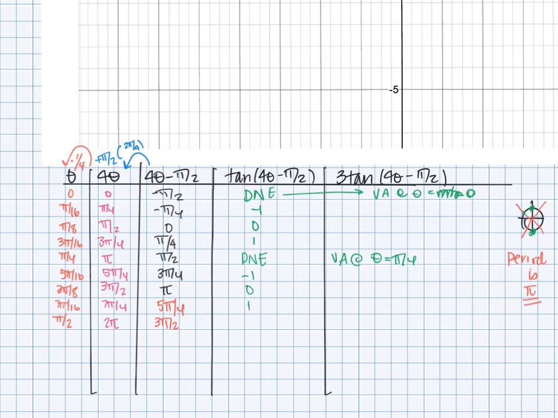And then 3 pi over 2 does not exist. We have a vertical asymptote at theta equals pi over 2. These would be the 3 values here for consecutive vertical asymptotes that is asked for in the question for part A.